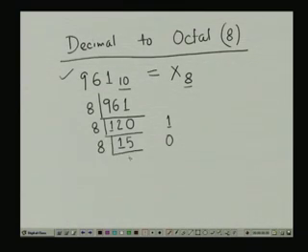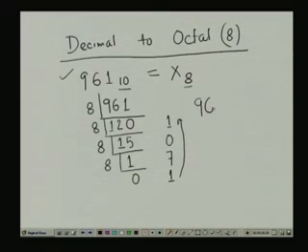Again division, now the remainder is 7. Again I divide, so the quotient becomes 0 and the remainder is 1. Now if I take it in reverse direction, 961 in decimal will be 1701 in the octal system.